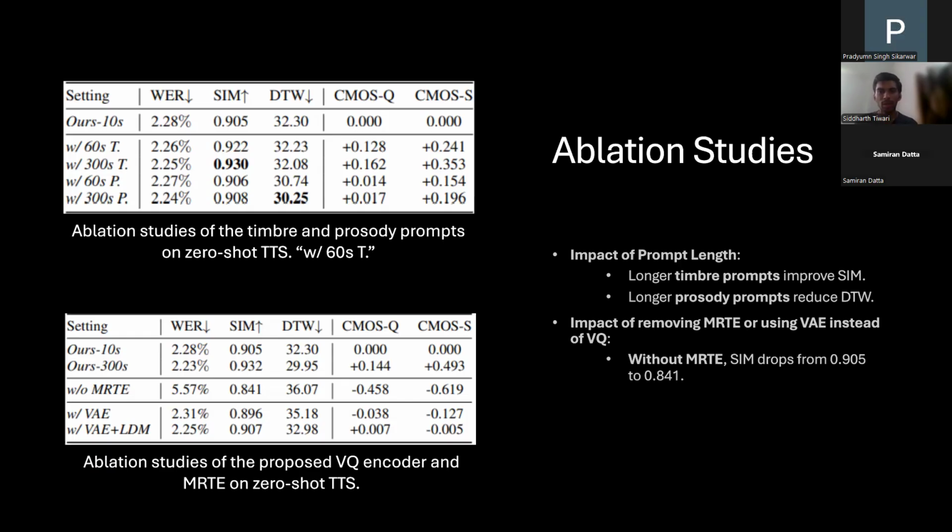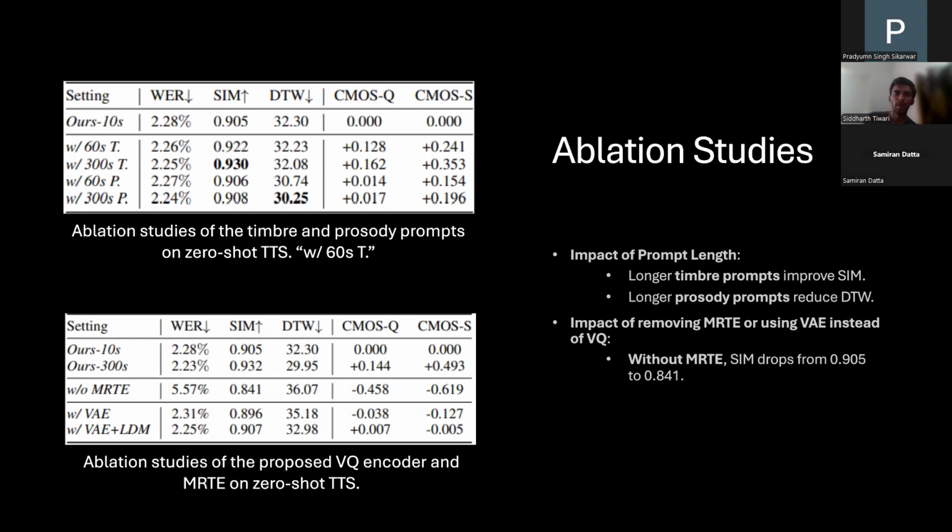So we can conclude that timbre and prosody should not be kept together. They should be separated, and it is crucial for high performance. This was also discussed in the initial part, and it was the initial objective as well.